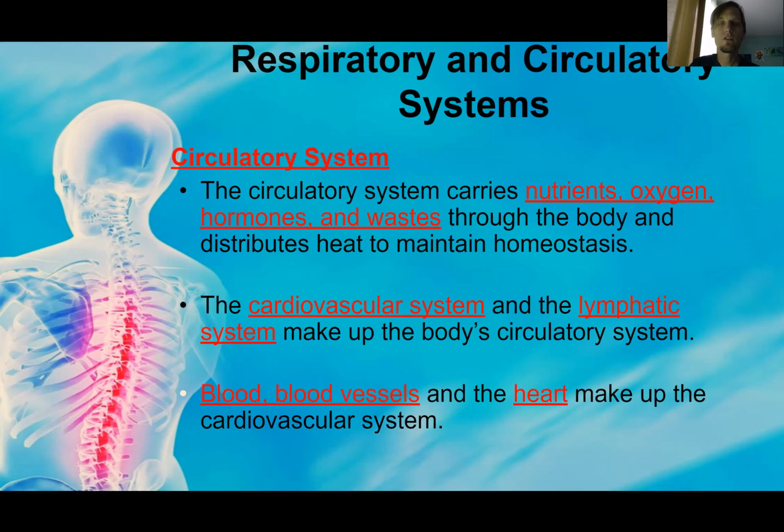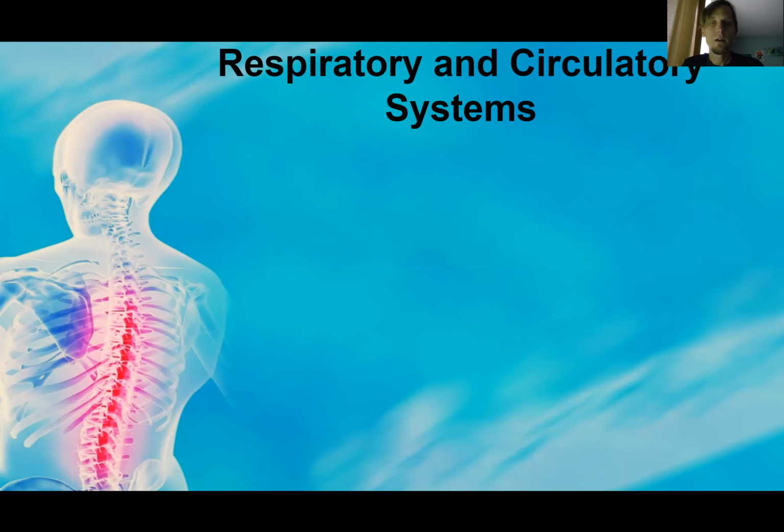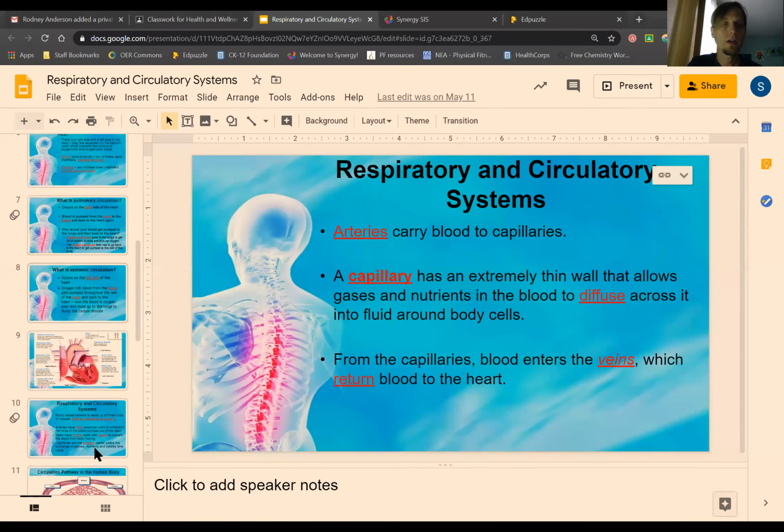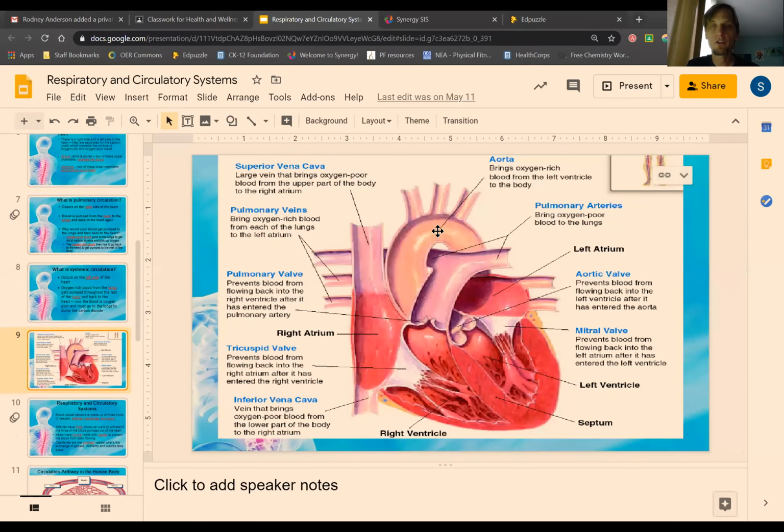So go through these slides. I just want to give you an overall picture of how these two are interrelated. You'll eventually get to health maintenance of your heart and blood. We don't like when the toilet clogs up.